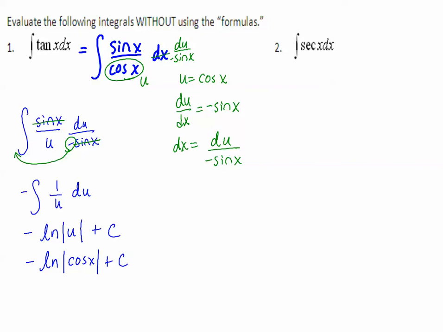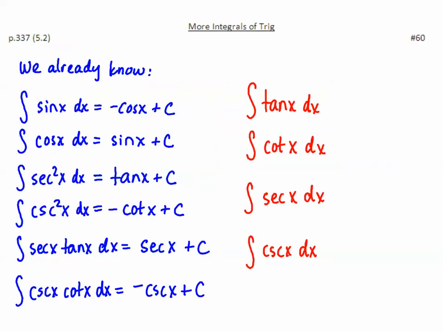So this is pretty easy, but a pretty long way to go from the antiderivative of tangent of x to negative natural log of absolute value of cosine of x, with all this rewriting and substitution. Instead, let's just memorize them. We memorized these first 6. We can memorize 4 more.